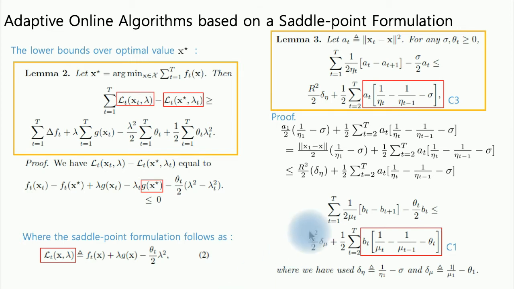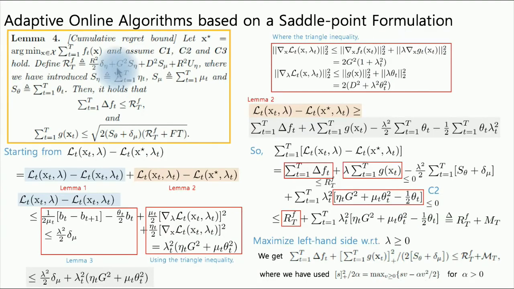We again shift the index in the sums of terms that depend on bt plus 1 over mu t, and collect terms that depend on bt, and we then use b minus 1 equal to lambda minus lambda 1, which is equal to lambda square. To conclude, now we present a key lemma of the analysis in this paper.